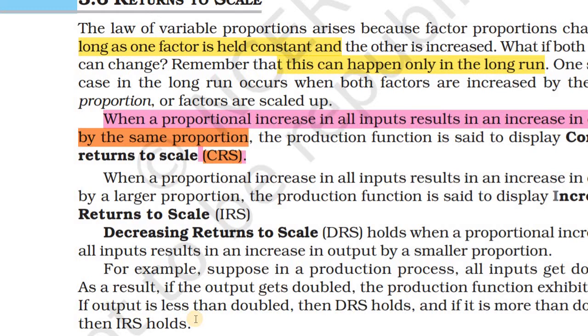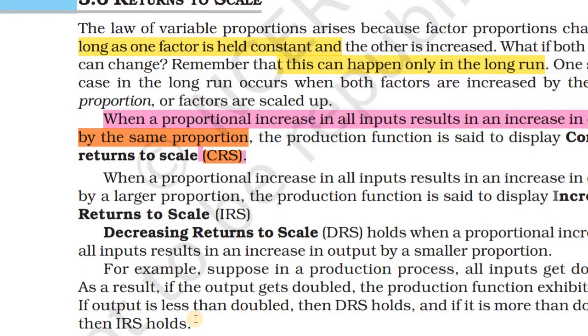Okay, then next one, when a proportional increase in all inputs results in an increase in output by a larger proportion, means we are increasing 5% of all inputs, labor, capital, raw material, everything, and output increased by 10%, then we can call it increasing return to scale.